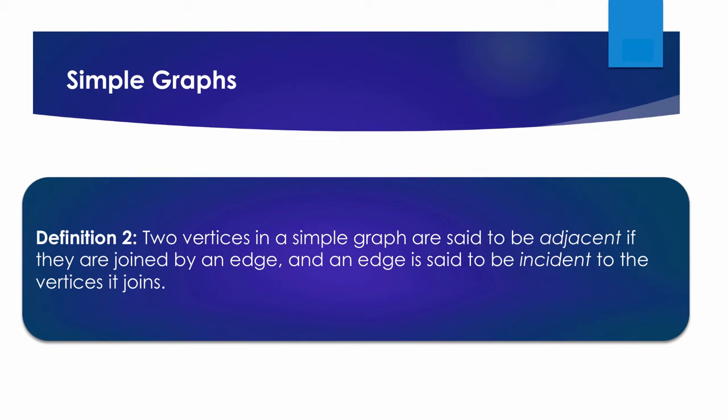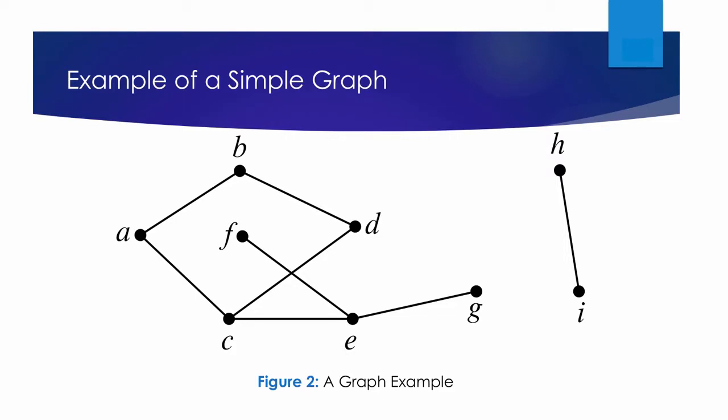The number of edges incident to a vertex V is called the degree of the vertex and is denoted by the function degree of V. The degree of a vertex is equal to the number of vertices adjacent to it. In the symbolic graph shown in the figure below, we can observe the following. Vertex A is adjacent to B and B is adjacent to D, and the edge {A, C} is incident to vertices A and C.